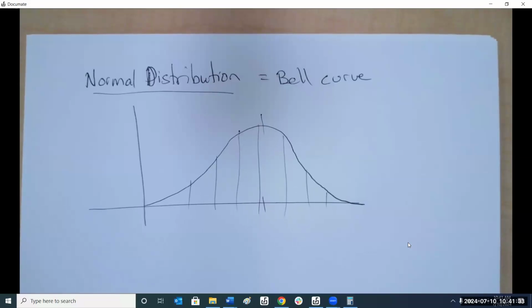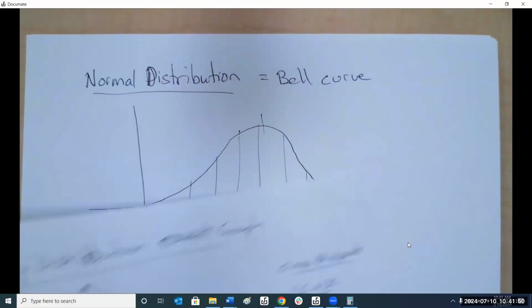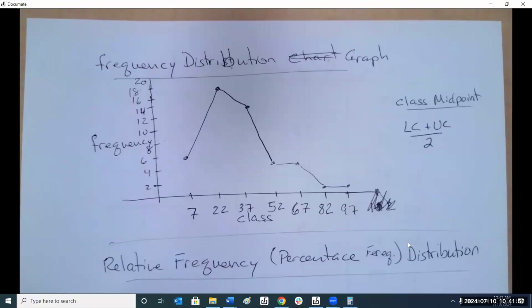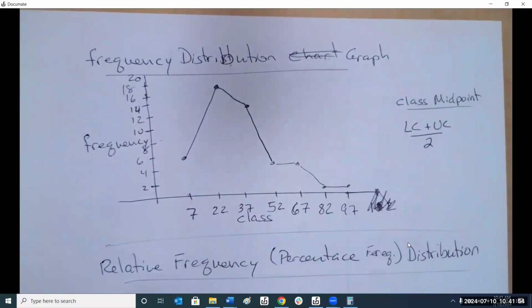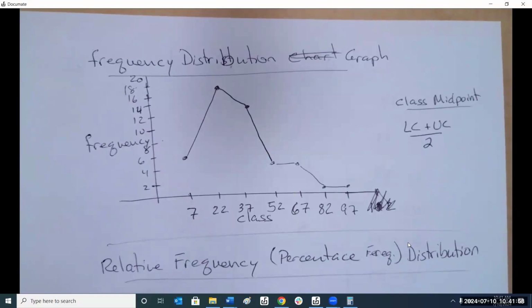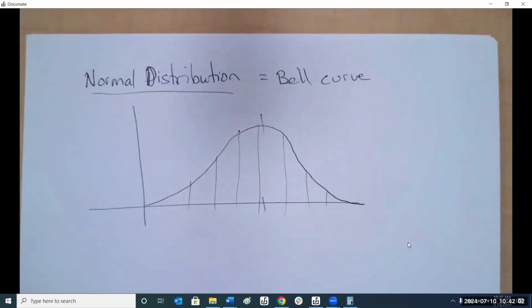Right now, we're not going to deal with determining whether it's normal other than by the graph. If I graph our data set and it looks like this, then we can see if it is normally distributed. Is it normally distributed? No, it's what we call positively skewed. But we'll talk about that in the next section.